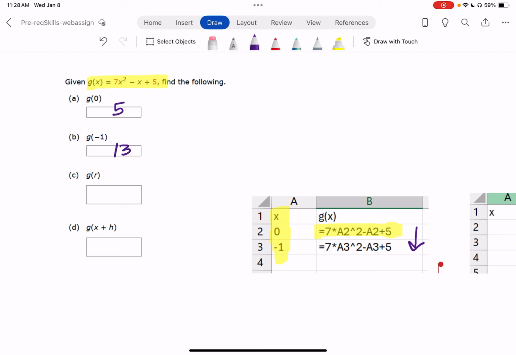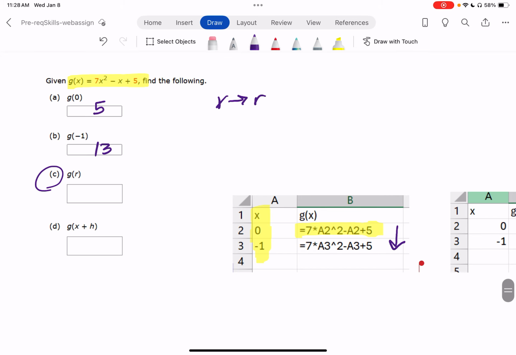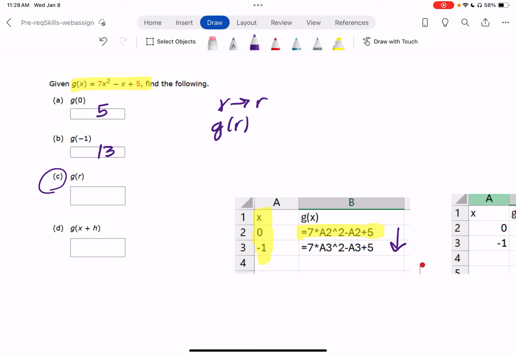So remember, use Excel, and try to think about these problems like how you would use it in Excel. Now for this g of r, part C, that is just telling you to take out the x and swap in an r. So to find g of r, we're going to have 7r squared minus r plus 5. Everywhere you have an x, you're just putting in an r.